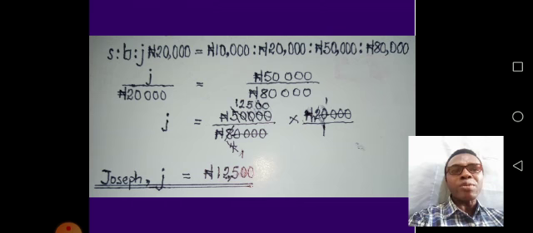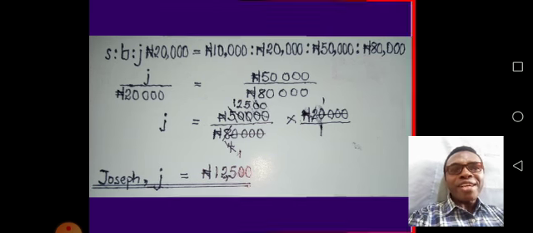That's 20,000 over 1. 20,000 into 20,000 is 1. 20,000 into 80,000 is 4. Then 4 into 4 is 1. 4 into 50,000 is 12,500. You can use long division and you will get 12,500. So Joseph's share is 12,500.